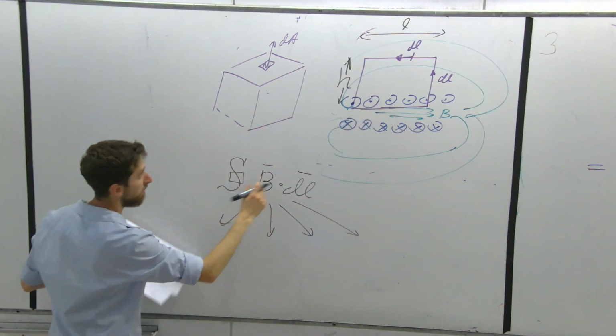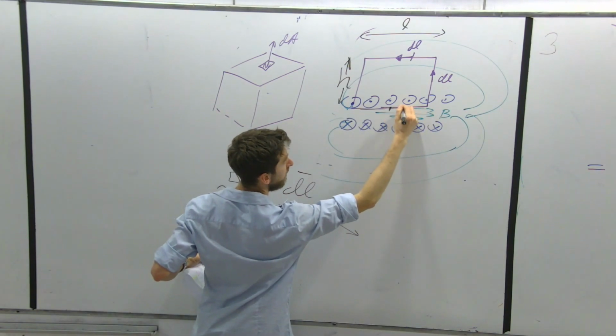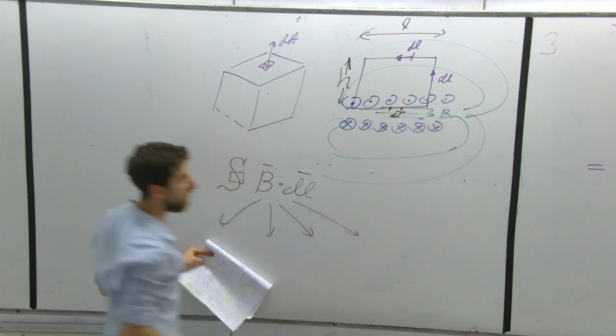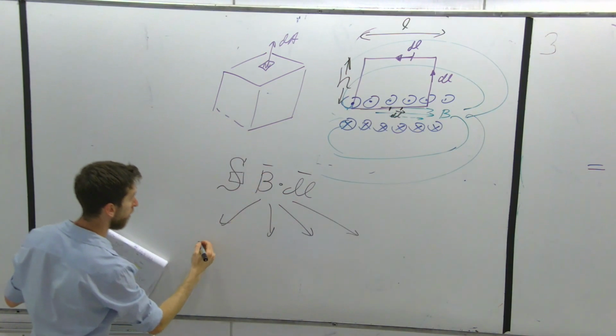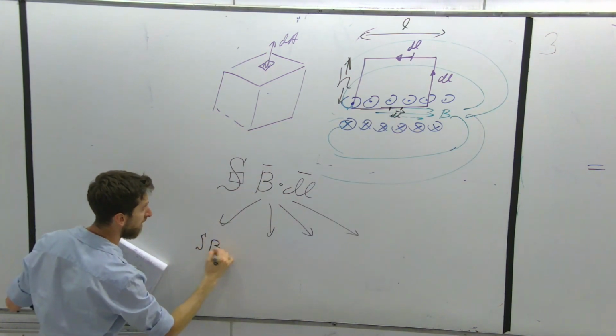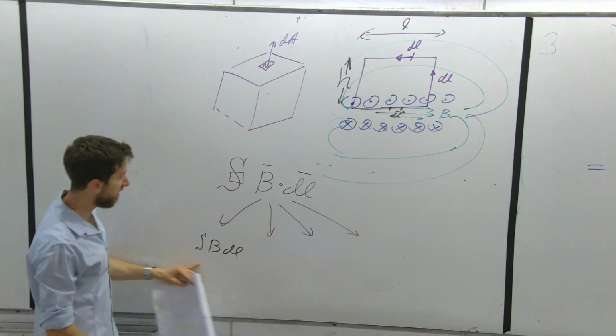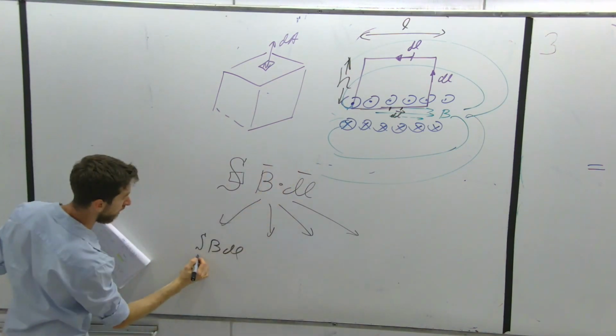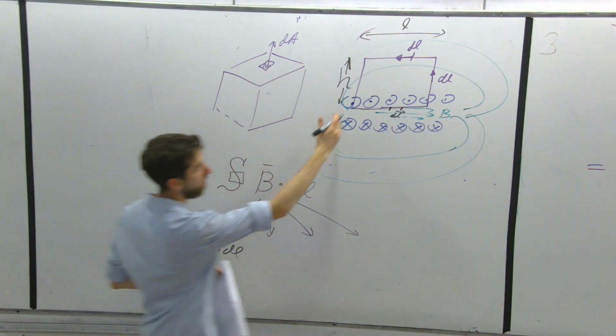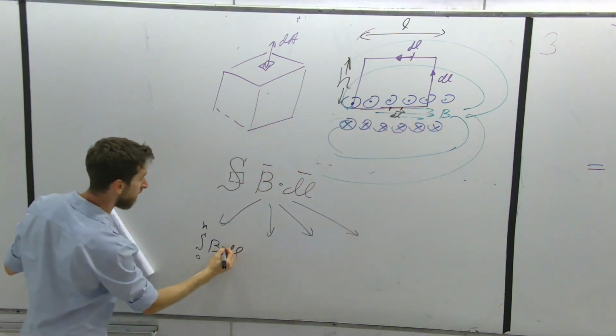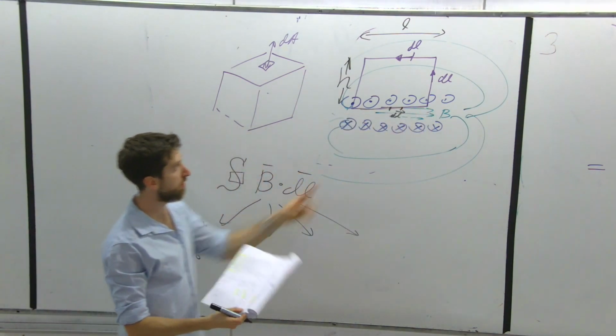Good. So let's do this one. This is dL, and it's going in that direction. So here we actually have the integral of B dl, which starts at 0 and ends at H, from here to here. And what is the dot product between them?